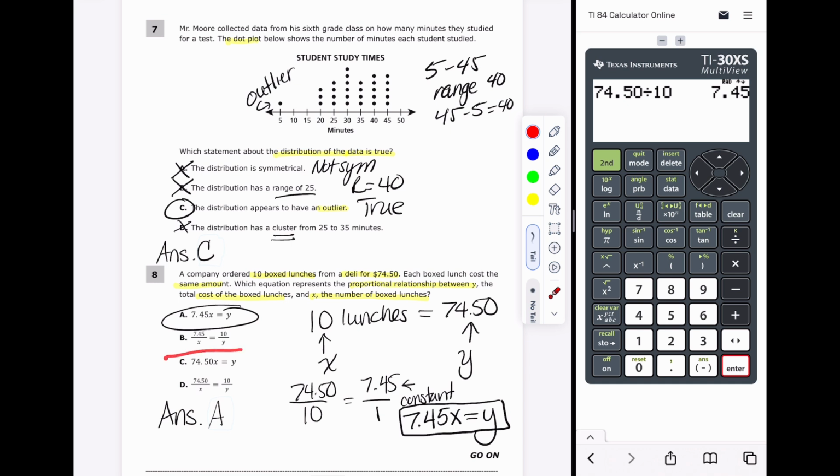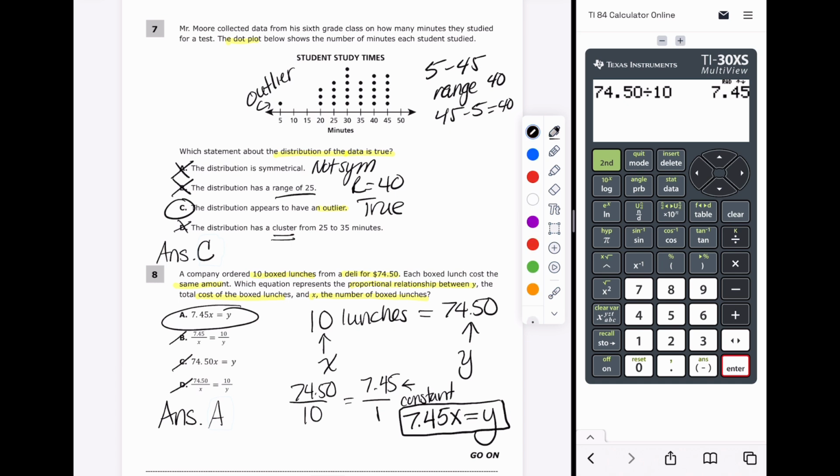With this one here, the reason I can't use this one is because each lunch does not cost $74.50. So I can't say each lunch. If that was the case, I wouldn't keep buying them. That would be a very high cost. And the one on the bottom also has a relationship where I have $74.50 divided by how much food I'm getting is equal to 10x. That doesn't make any sense either.